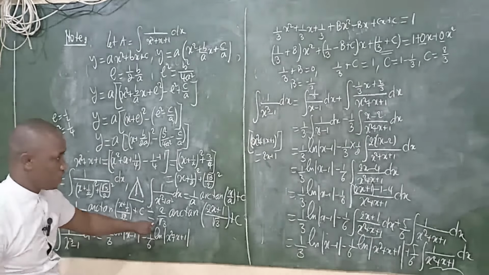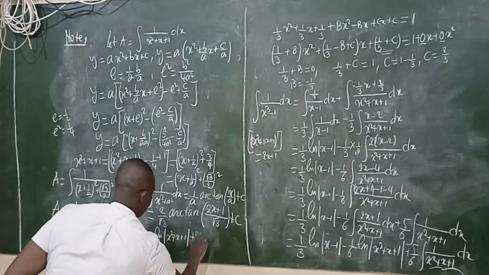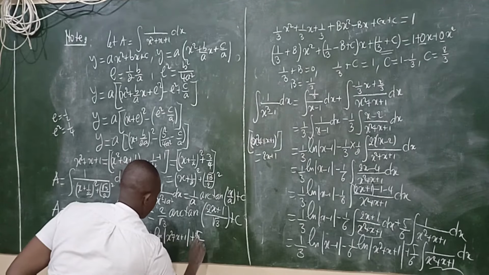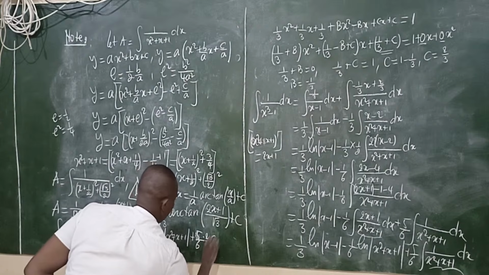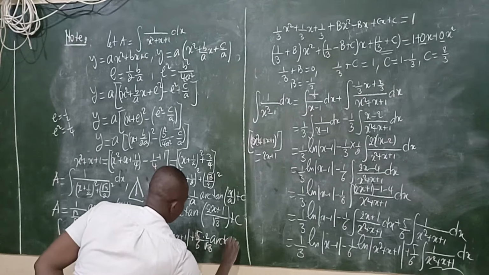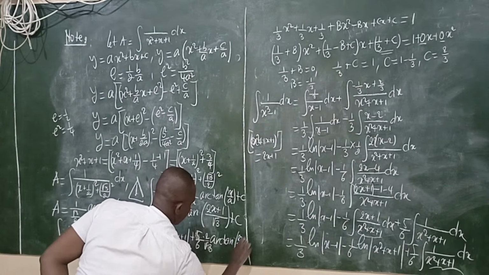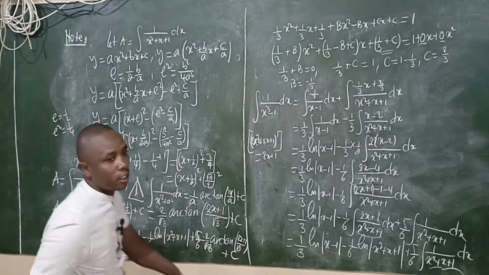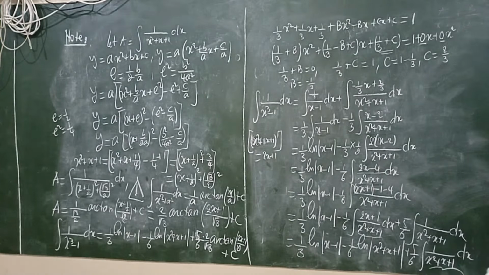We are going to add 5 over 6 times 2 by the square root of 3 arctangent of 2x plus 1 by root 3 plus the constant of integration.